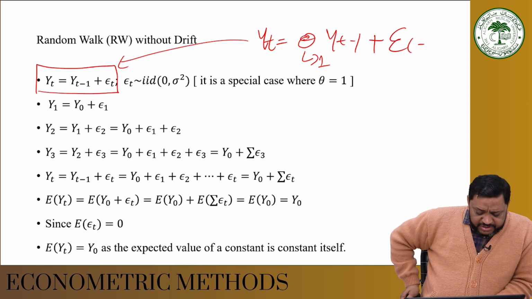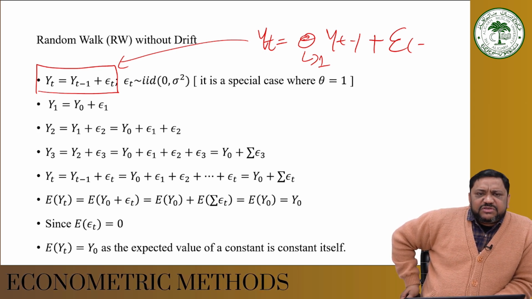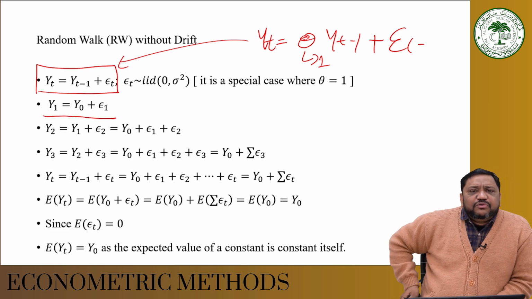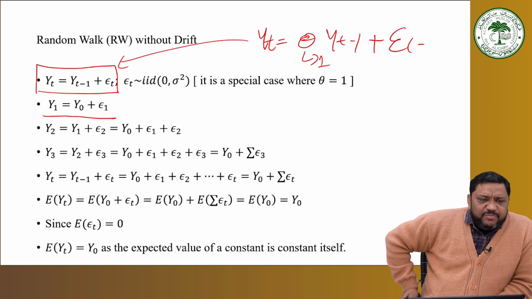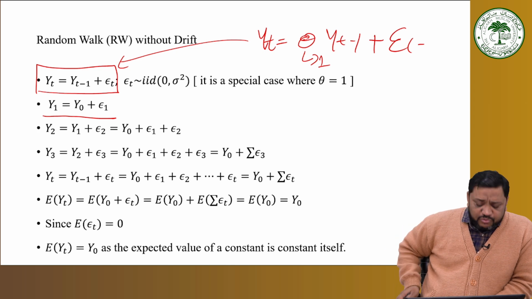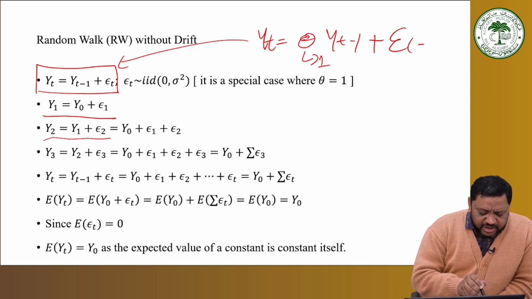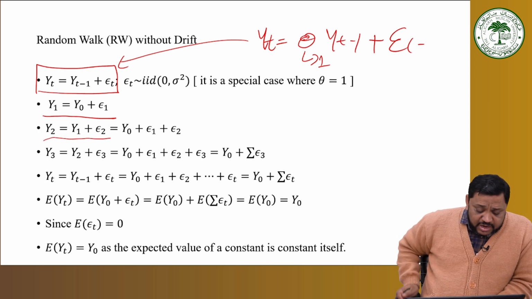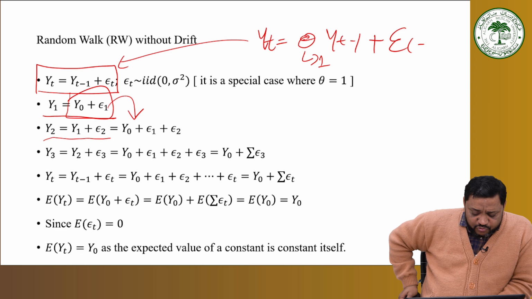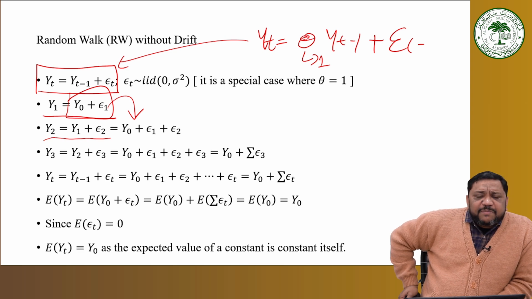So we assume a process is starting at time t, then y1 is equal to y0 plus epsilon 1, where t minus 1 will be 0. Then what will be y2? Y2 will be equal to y1 plus epsilon 2. Now y1 we have just got, we incorporate the value of y1 over here. So what is left is y0 plus epsilon 1 plus epsilon 2.